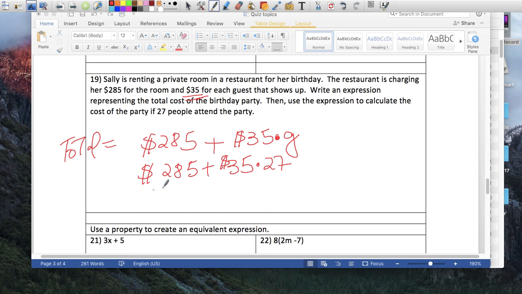You have to multiply first, so we leave the 285 alone and multiply 35 times 27. That's going to give us $945. Now you're ready to add those two, and that gives us a grand total of $1,230 for her birthday.